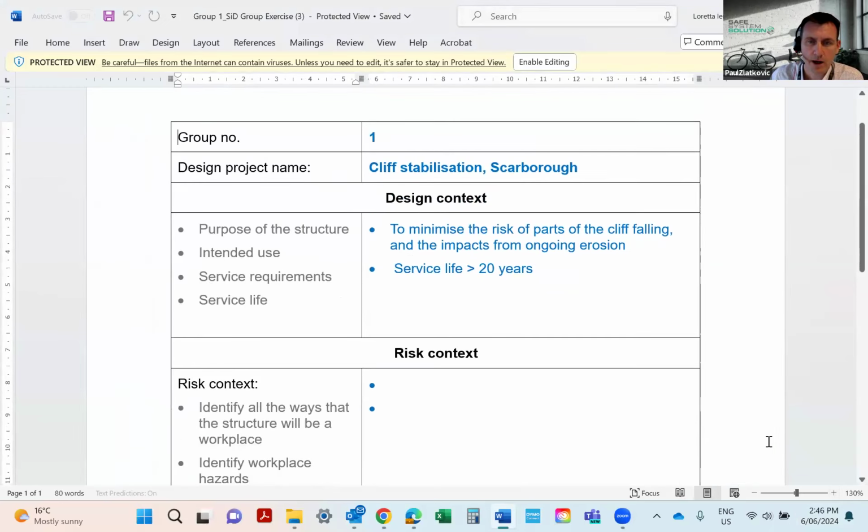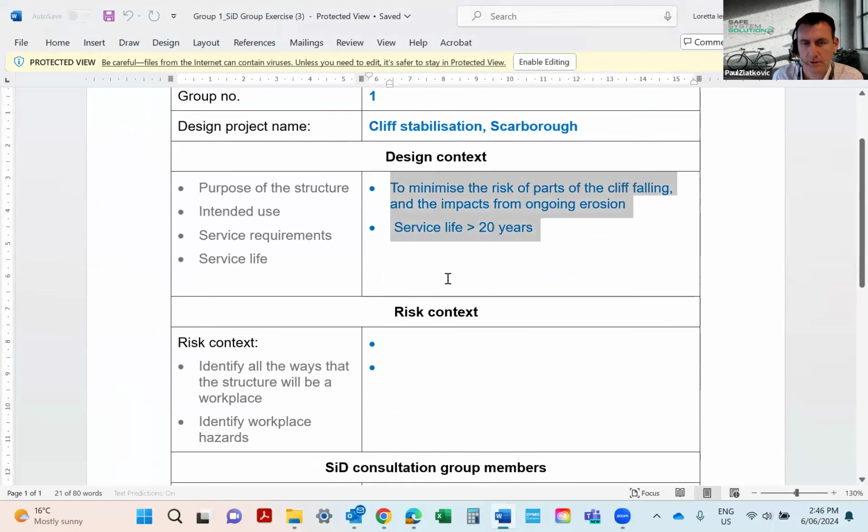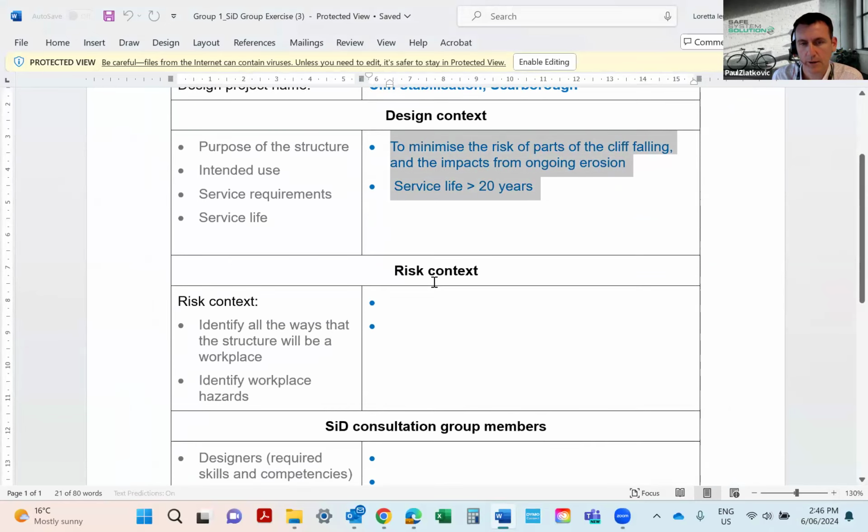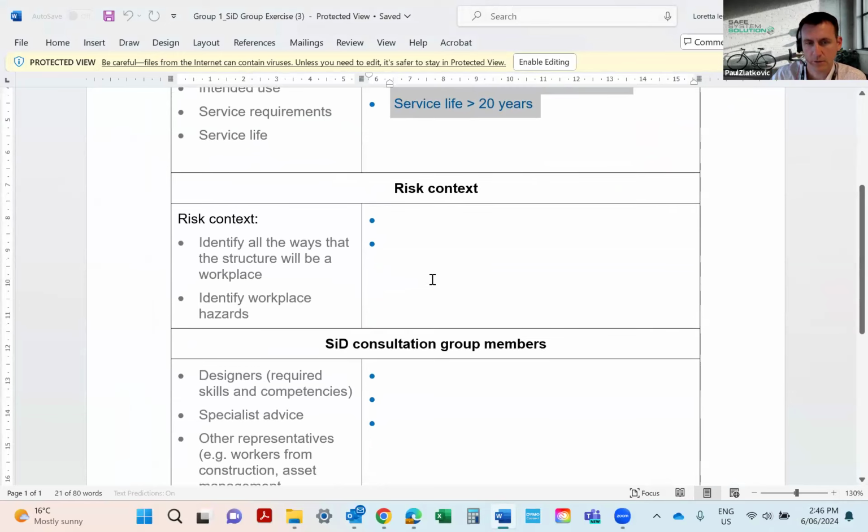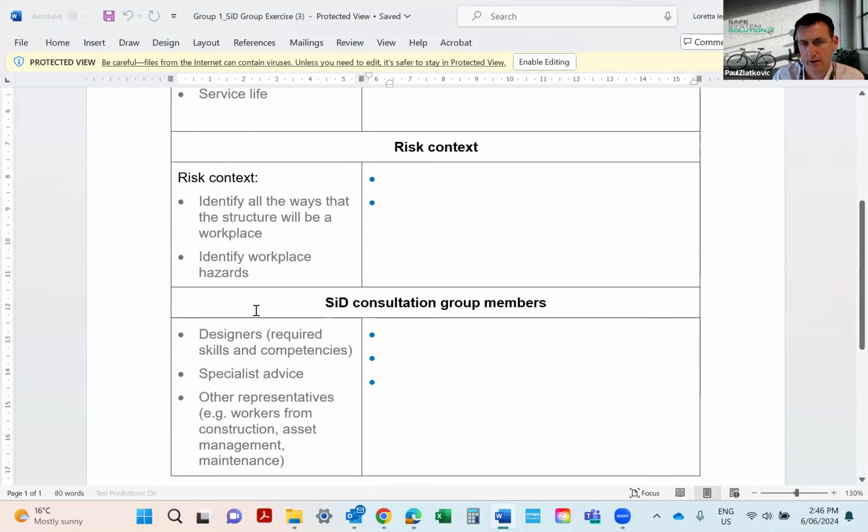I've provided that design context for you there, so you don't have to worry about that, but a little bit of knowledge there for you. So the next step would be to identify the risk context, and what we're looking for here is to identify the ways that the structure will become a workplace, and then identify at a higher level some initial workplace hazards that you can see.